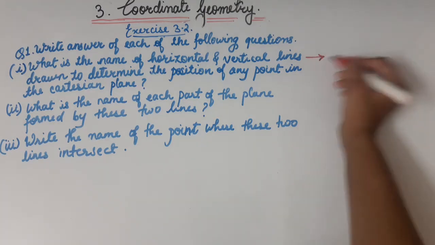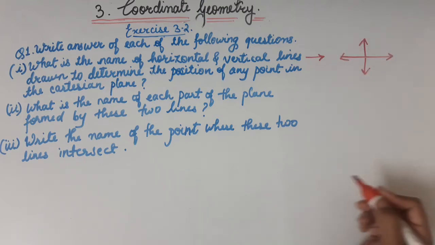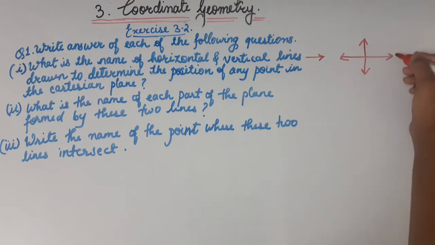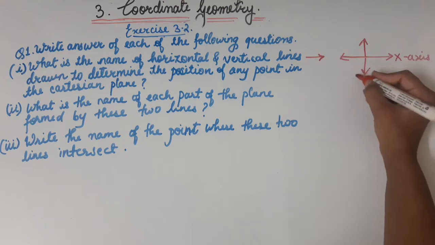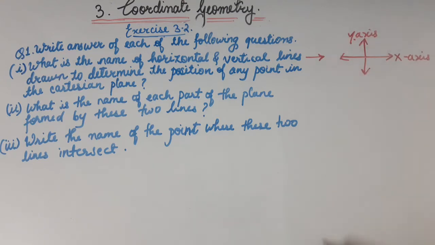The answer: the two lines, horizontal and vertical, which are drawn to determine position of each point are called the x-axis and y-axis.